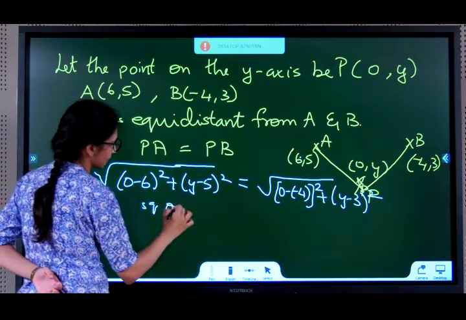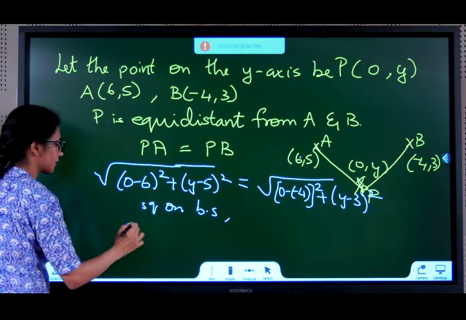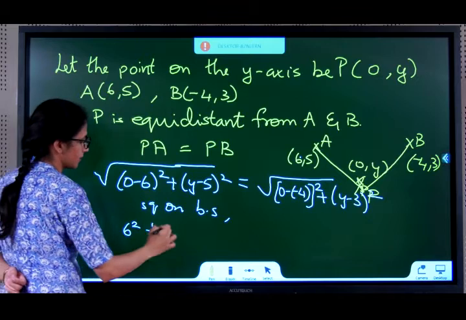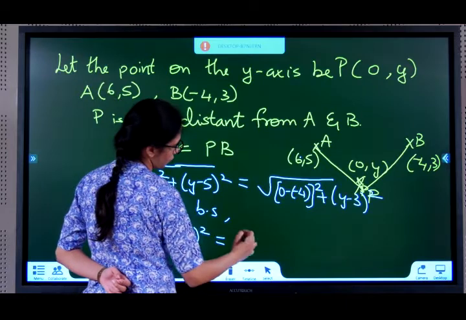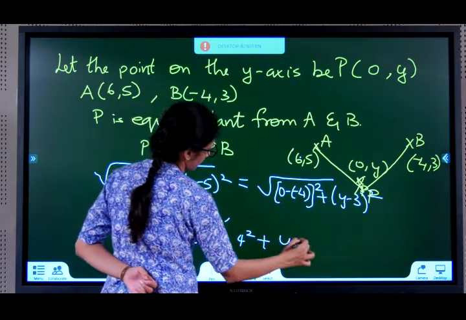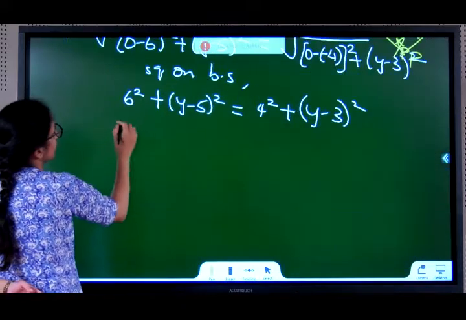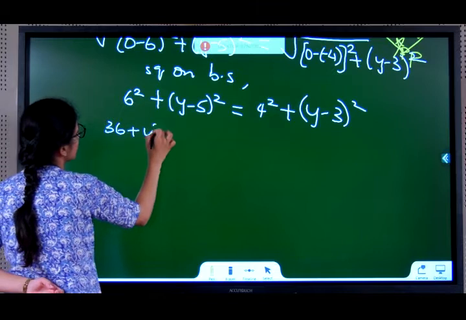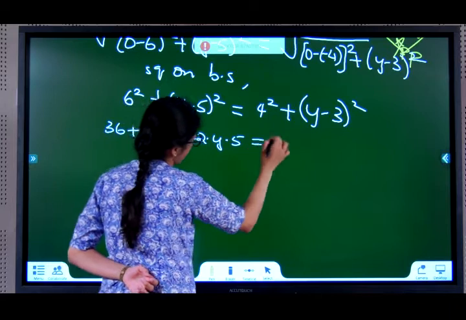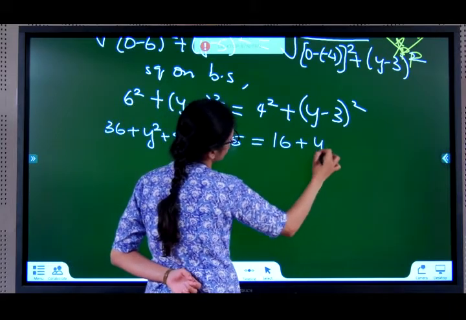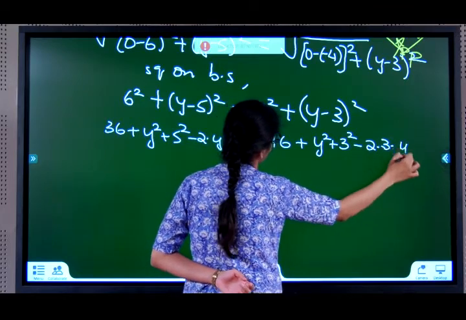Squaring on both sides, 0 minus 6, 6 square plus y minus 5 the whole square is equal to 0 minus of minus 4 plus 4, 4 square plus y minus 3 the whole square. To solve for y, 36 plus y square plus 5 square minus 2 into 5 into y is equal to 16 plus y square plus 3 square minus 2 into 3 into y.